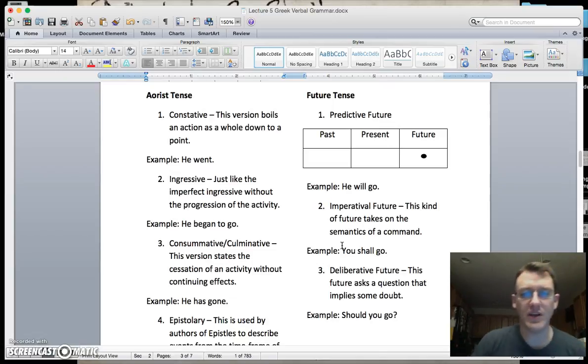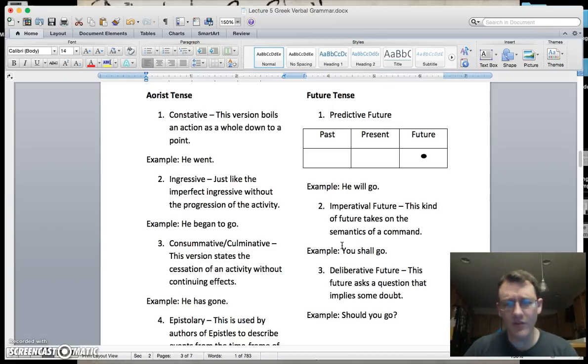It doesn't really try to imply anything past, present, or future. It's just an action that has happened. So usually in English we communicate that by putting it in the past tense. Therefore, aorist is most simply construed as our simple past. He went, he died, he lied, he cried. Rhyming, but you get the point.